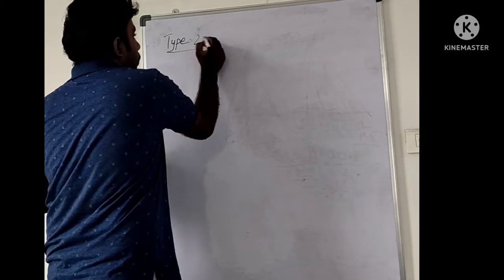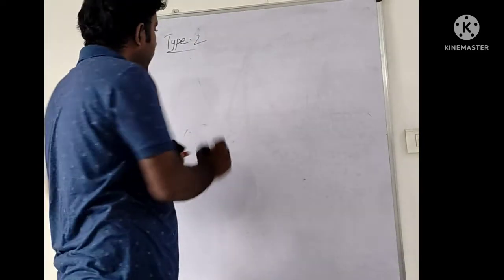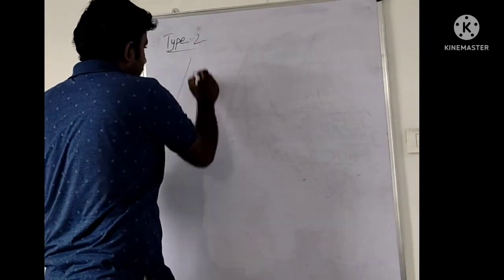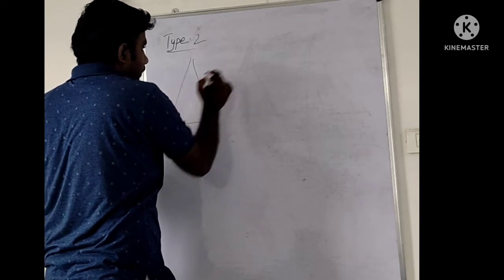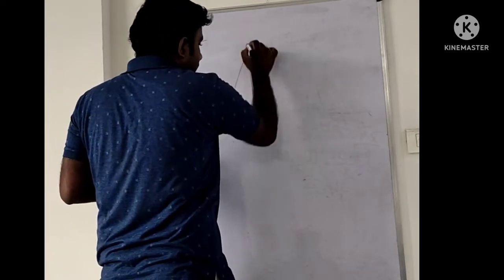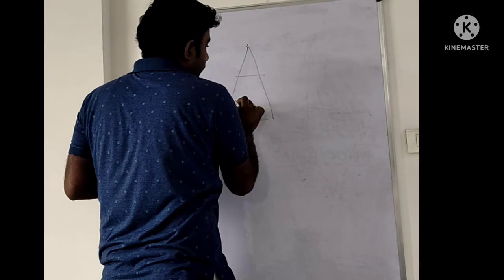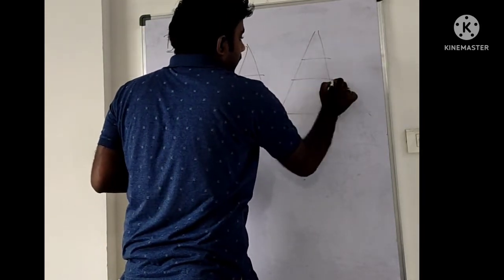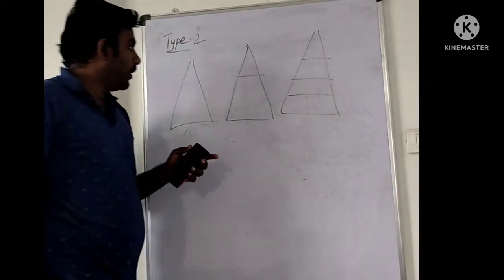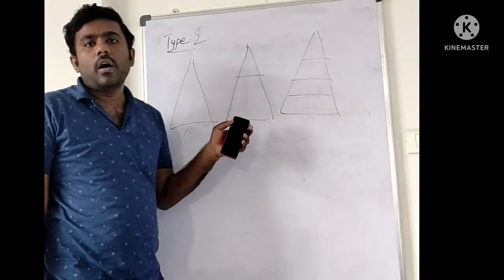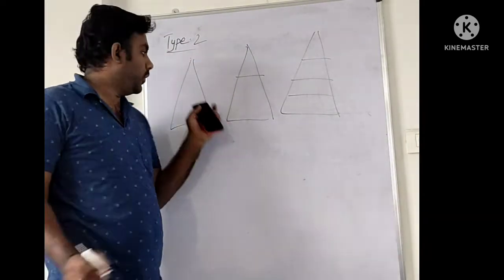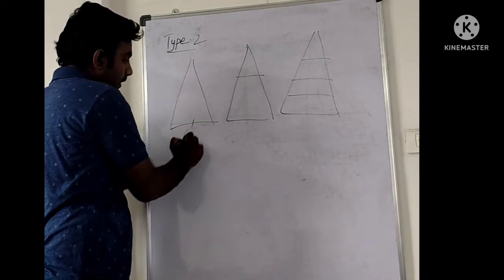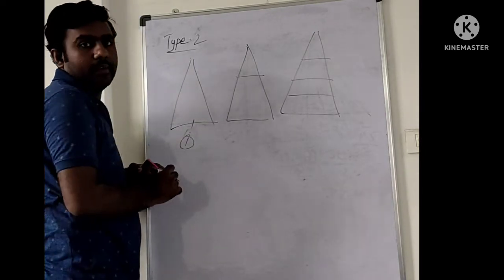Come to the type 2 questions. This is one triangle, and this is another one, and this is another one. Here, how do we find the number of triangles? We know this is 1, which means one base, which means one triangle.